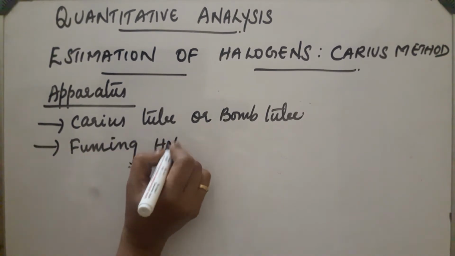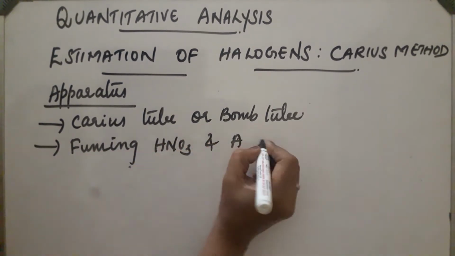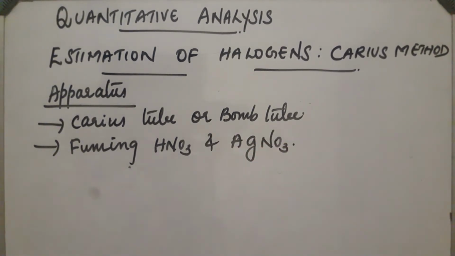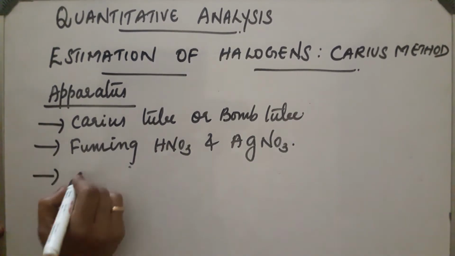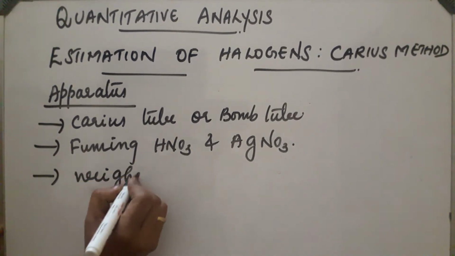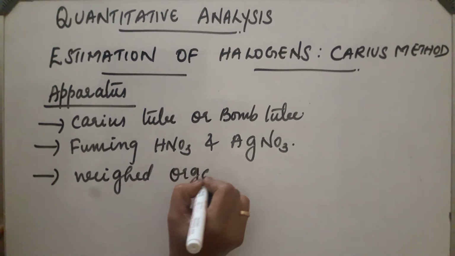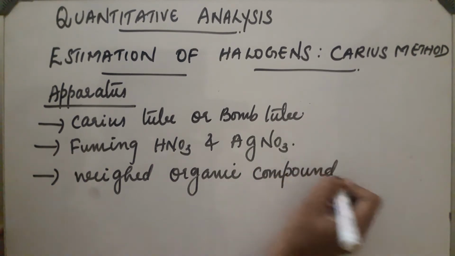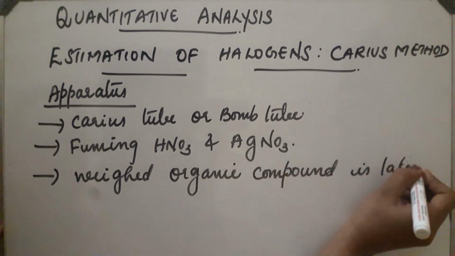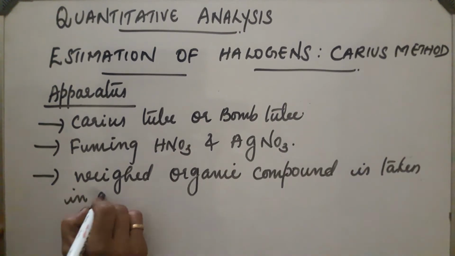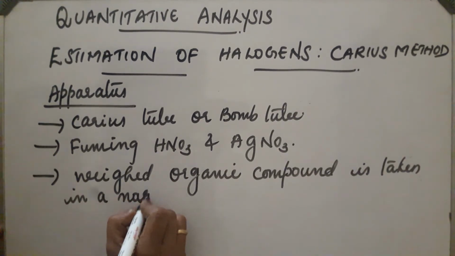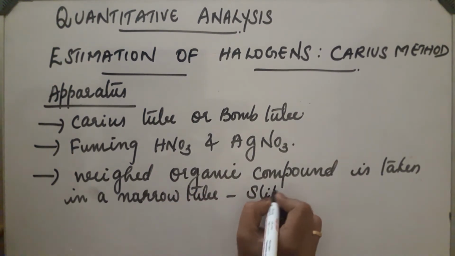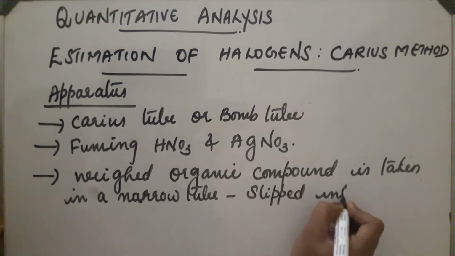Now, the weighed amount of the organic compound is taken in a narrow tube, which is slipped into the Carius tube.